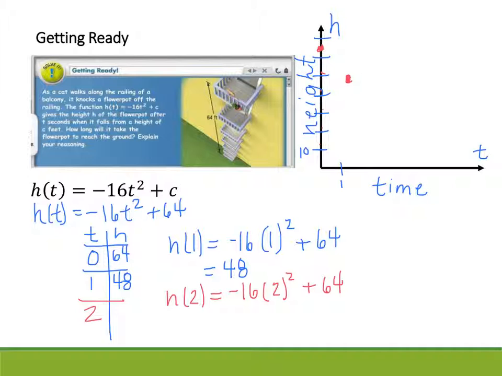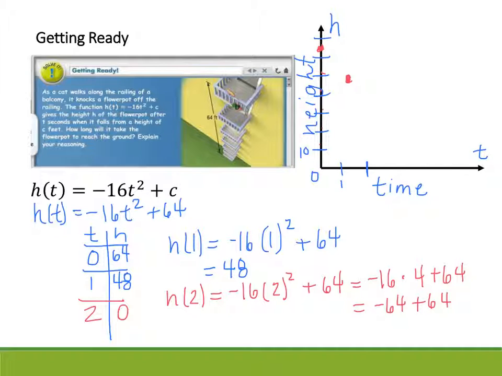And since 2 squared is 4, that would be negative 16 times 4 plus 64. And negative 16 times 4 is negative 64 plus 64. Well, that's 0. Well, on my graph, where would a height of 0 be? Well, if you think about it, that would be on the x-axis.